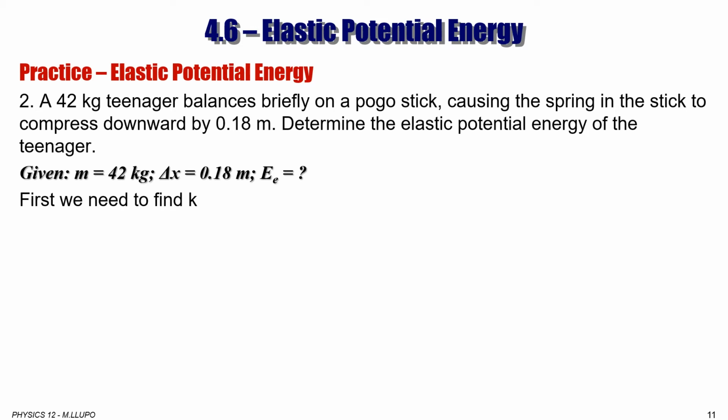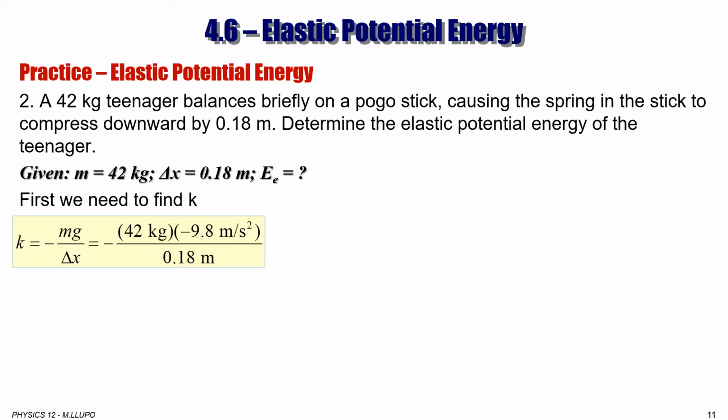First, we need to calculate the spring constant or coefficient of proportionality. So we know the formula: K is equal to minus mg over delta x, which is minus 42 kilogram times 9.8 meter per second squared divided by 0.18 meter. That is 2,287 Newton per meter.